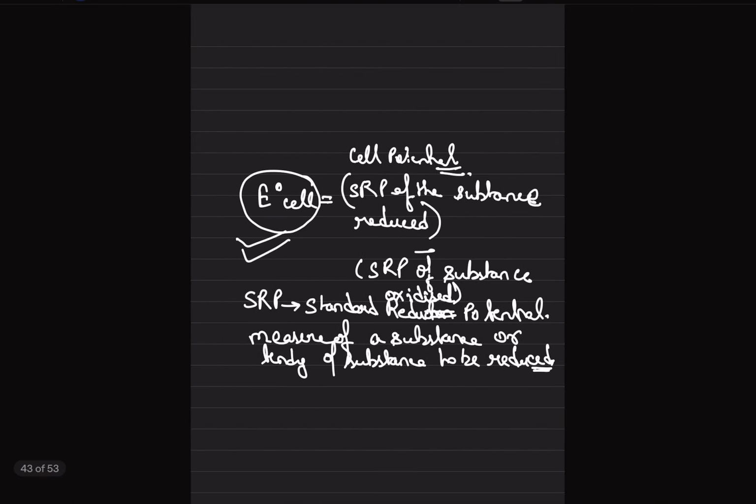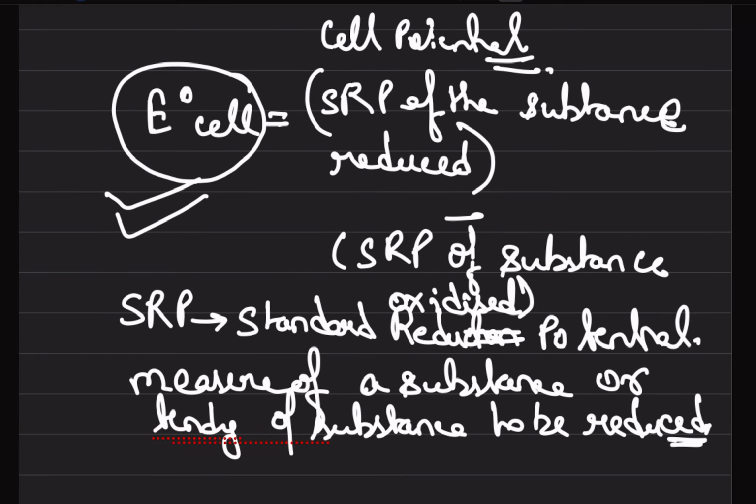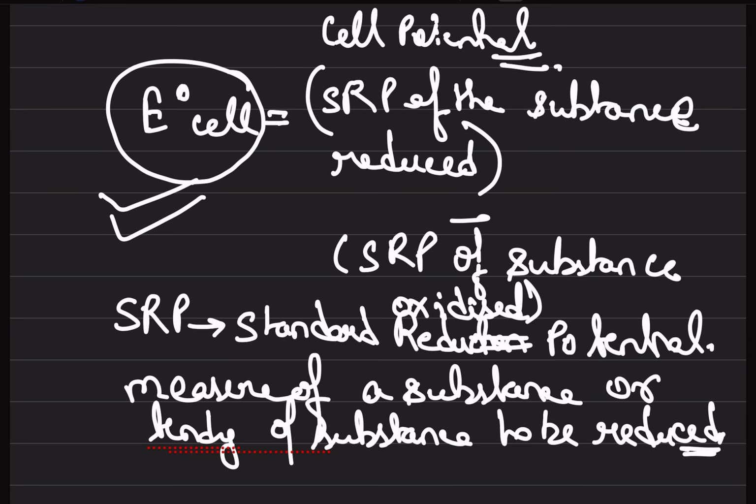Next concept is cell potential. What is cell potential, or E naught cell? We have seen cell potential previously also. Now we will see how we represent it in terms of the reactions.